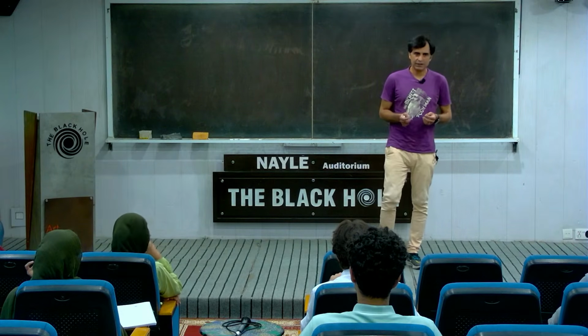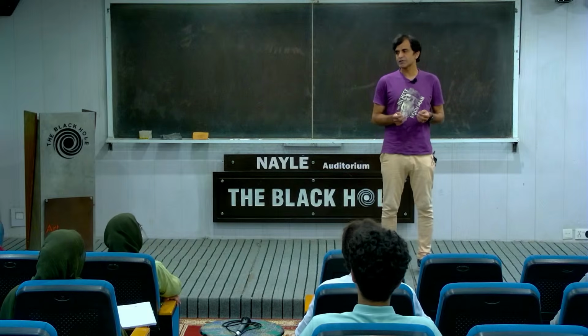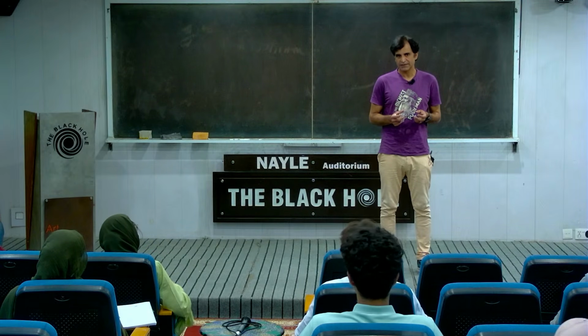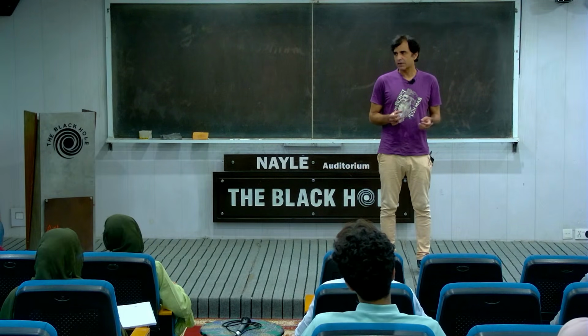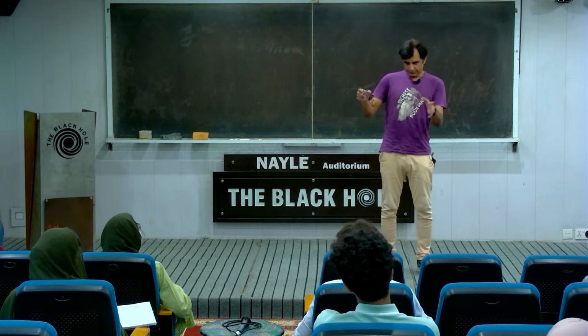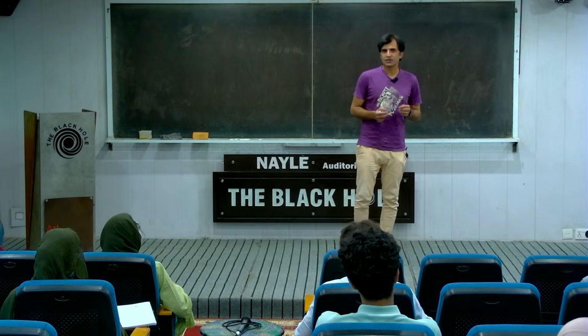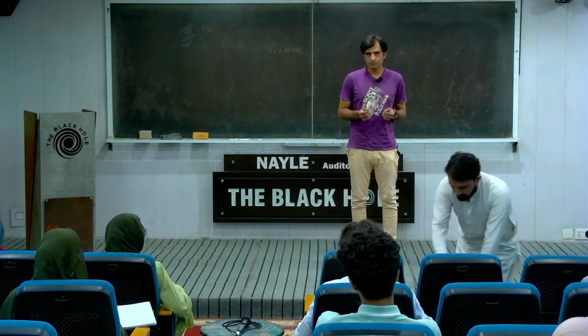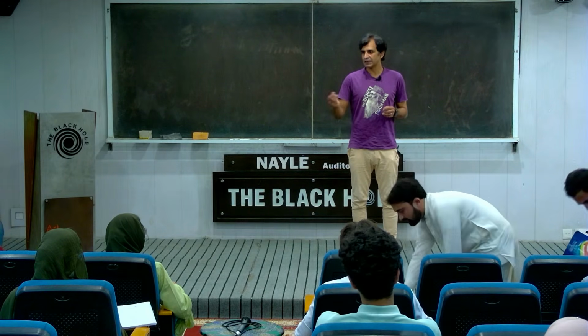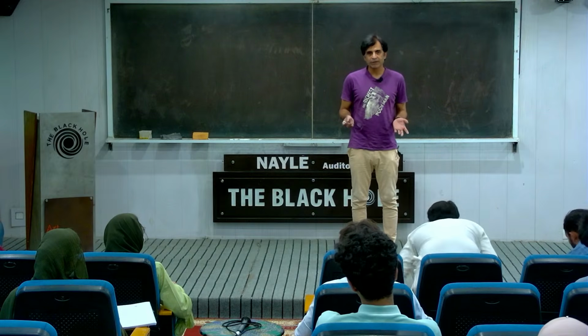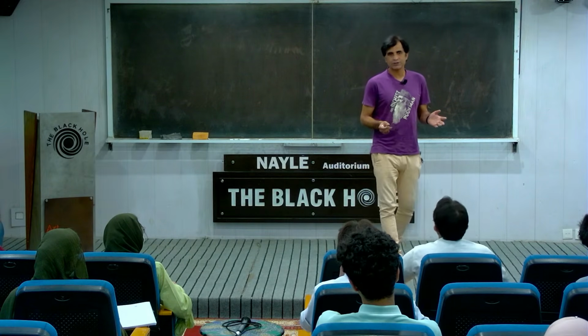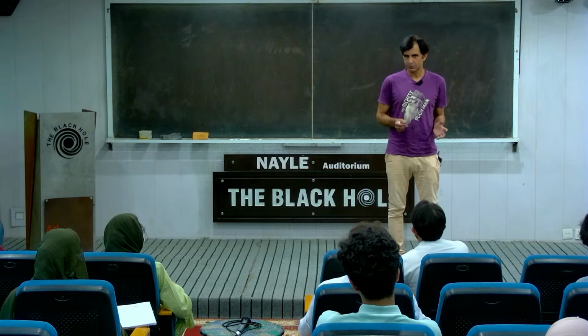I told you that a pole which goes like 1 over z, the linear power of the complex variable at a singularity, is known as a simple pole. And then there are the higher order poles. And we know that if we have a simple pole, the residue is the coefficient of that simple pole.